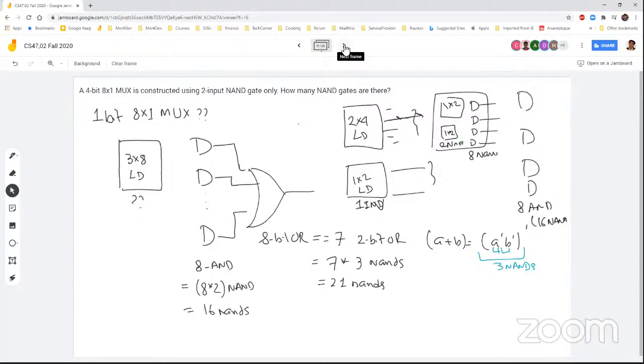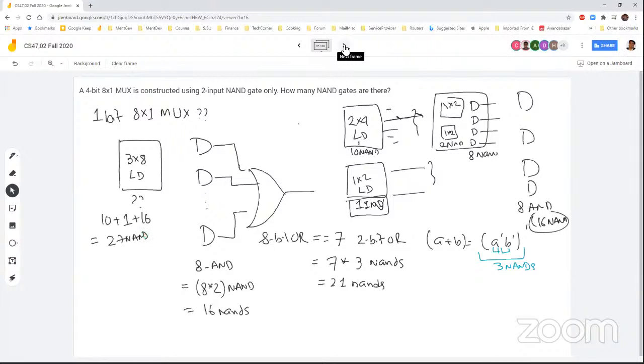So this thing has a total of 10 NANDs plus 1 NAND plus 16 NANDs, which is 27 NANDs itself.